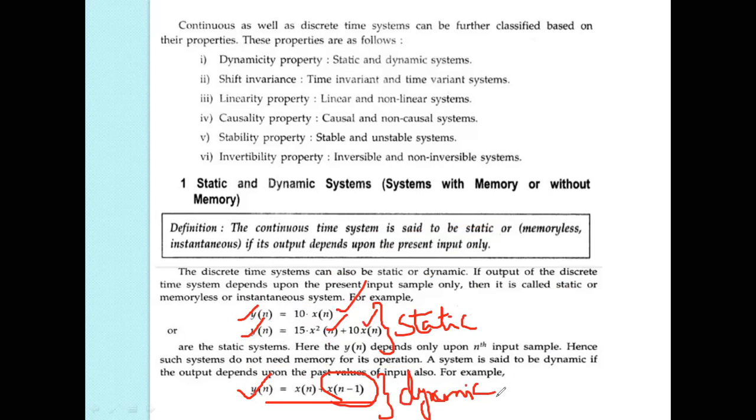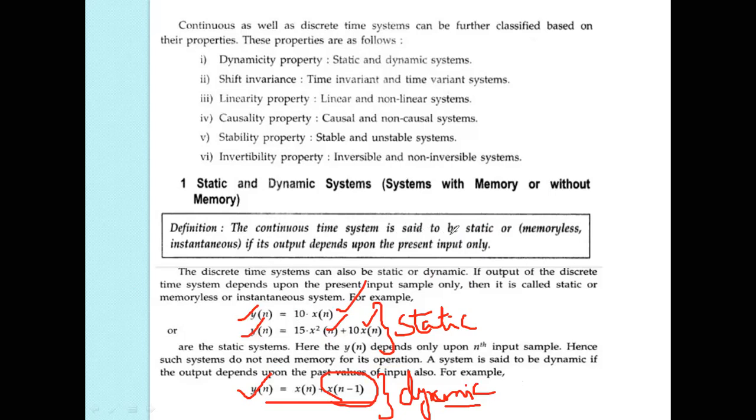A dynamic system depends upon the present and also the past or the future. It needs a memory. The dynamic system needs a memory because it has to store the past inputs x of n minus 1, and the future inputs, and the present inputs also. What is static? Once again, I will tell.